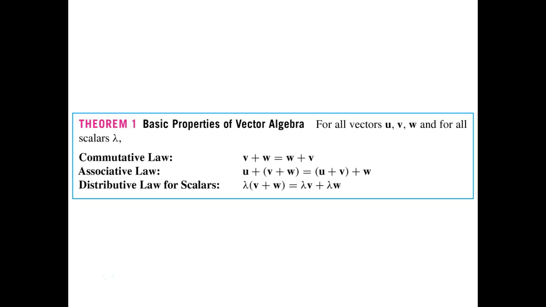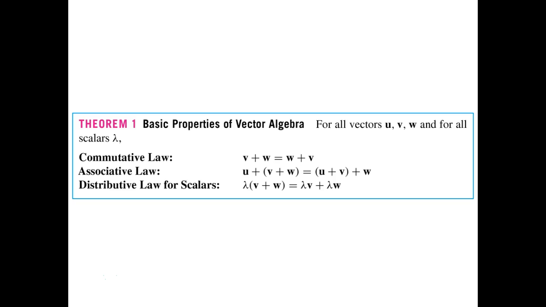The commutative law says if you add vector V to vector W, that's the same as adding vector W to vector V. I mean, the components are just scalars. It doesn't matter which order you add real numbers, they come out the same, and so do your vectors.